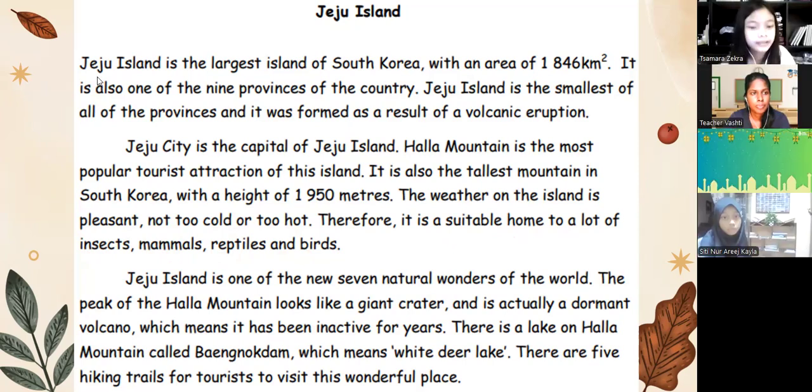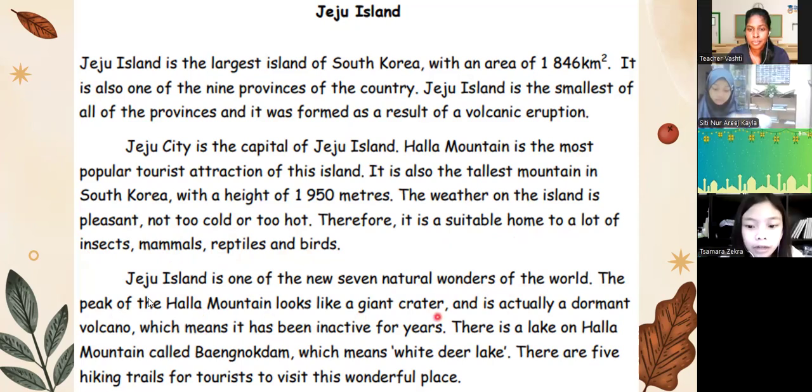Jeju Island is one of the new 7 natural wonders of the world. The peak of the Hala Mountain looks like a giant crater and is actually a dormant volcano, which means it has been inactive for years. There is a lake on Hala Mountain called Bangnog Dam, which means White Deer Lake.